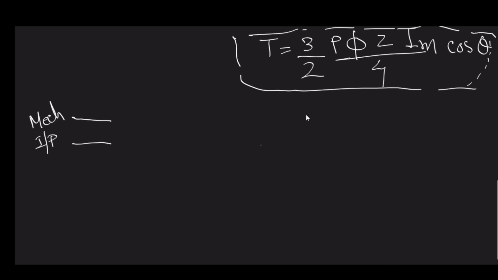Isn't it the mechanical input? If you see my previous video, then you will find that only the field copper loss is being supplied by the DC voltage source that is connected with the field winding. It is not going to supply anything else.